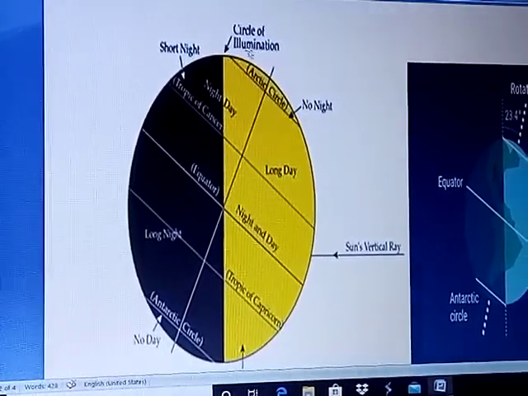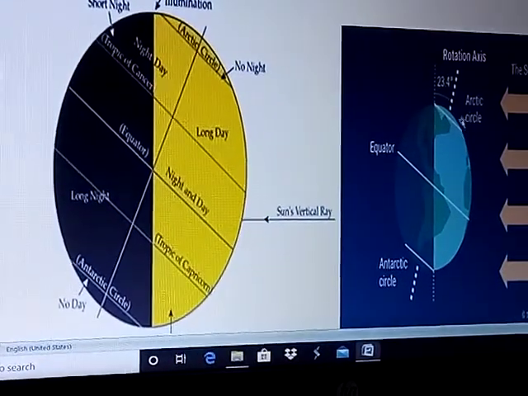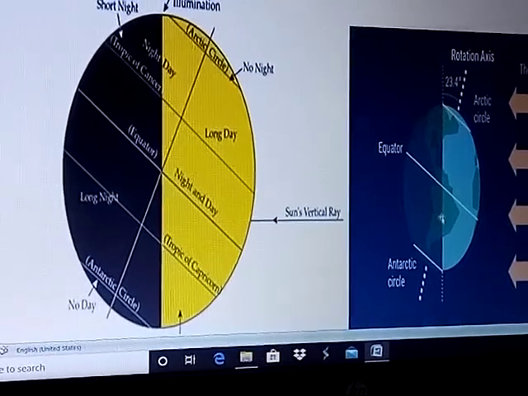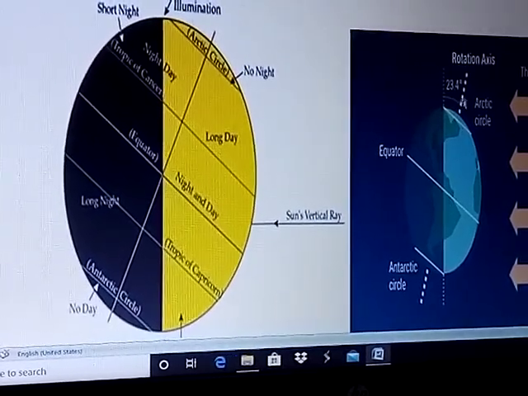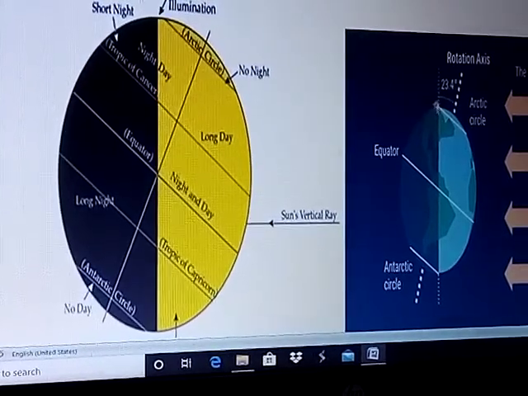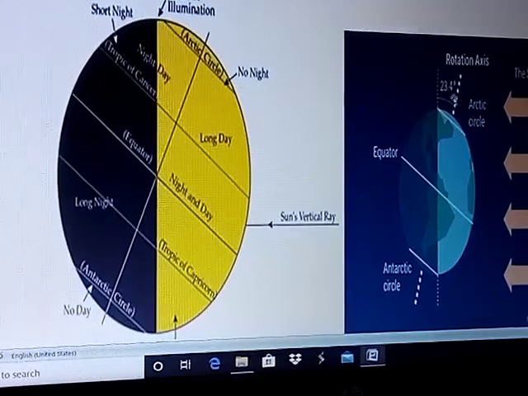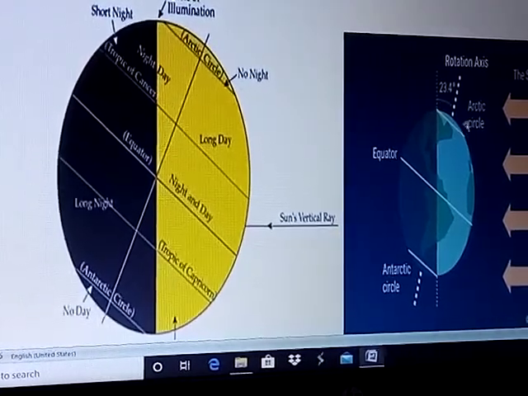Can you see this part? Can you see this part? Or even here also, can you see this part? The earth is rotating on its axis, but the illumination is dividing the earth into the day part and the night part. Just notice this part.